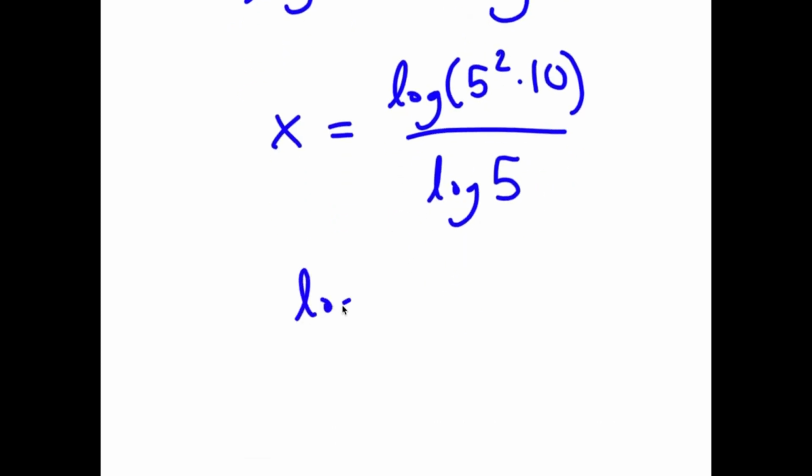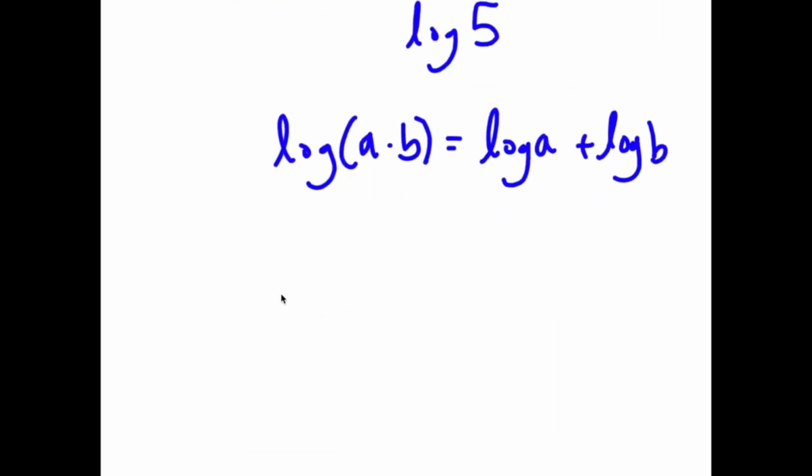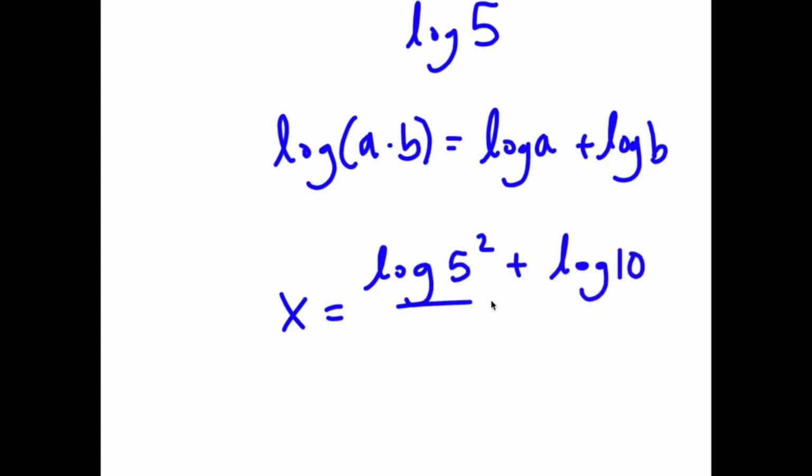Now, if I have something in the form log a times b, this is equal to log a plus log b. So log 5 squared times 10, that's going to equal log 5 squared plus log 10. Now I have this over log 5.